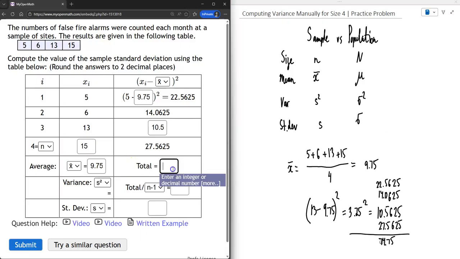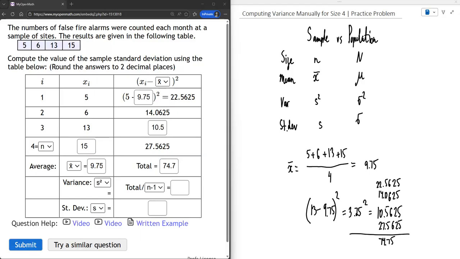That's my total. And now, according to this formula, we're going to be dividing this total by n minus 1. N is 4, n minus 1 is 3. We're going to be dividing 74.75 by 3.